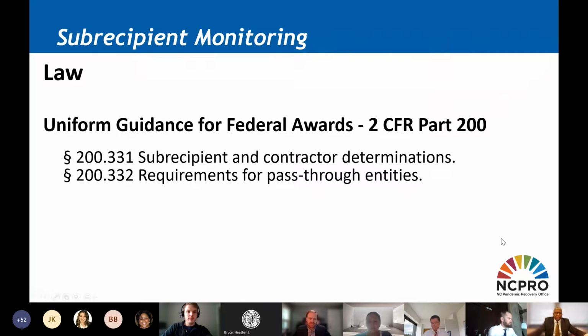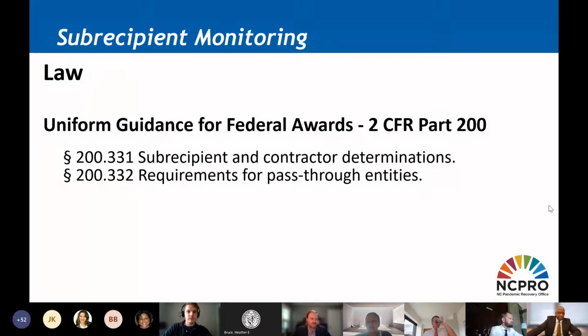And specifically, as we talk about subrecipient monitoring, in 2 CFR 200, the sections that are most relevant to what we're talking about today and what we will do with subrecipient monitoring are 200.331 and section 332. 331 speaks to subrecipient and contractor determinations, and 332 requirements for pass-through entities.